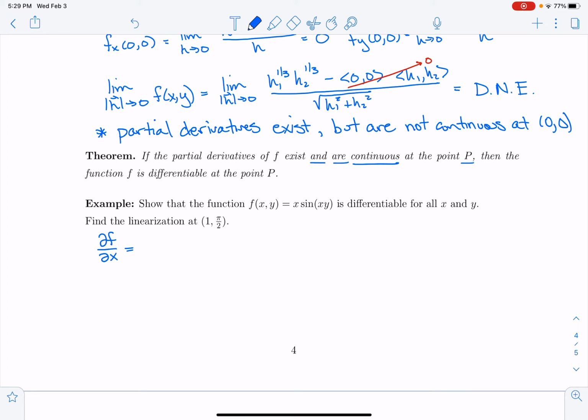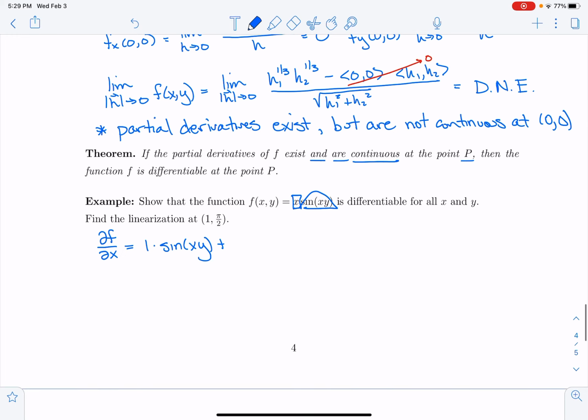The partial derivative with respect to x is 1 times sine of xy plus, now I'm going to have the x left alone, the derivative of sine of xy is cosine of xy, and I take the derivative of the inside with respect to x, so I'm going to get y.